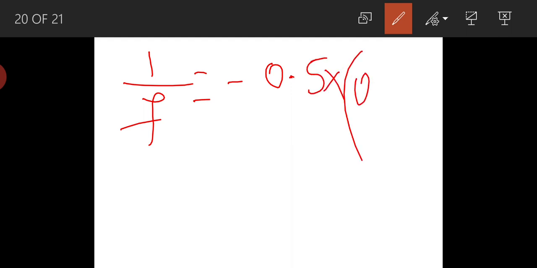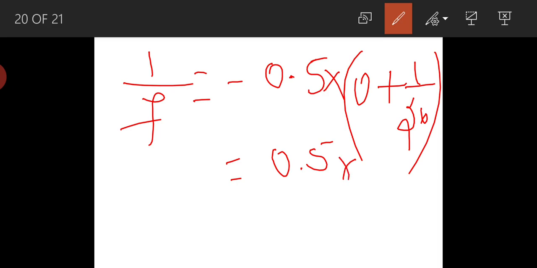So 1 by f is equal to minus 0.5 into 1 by 20.